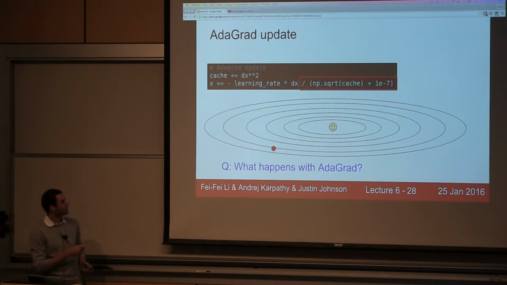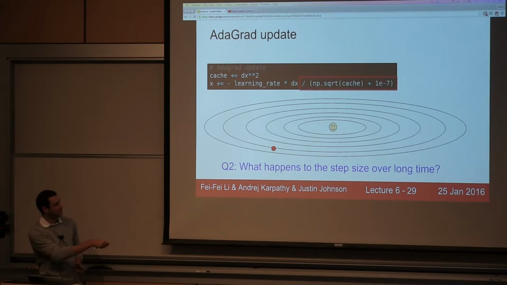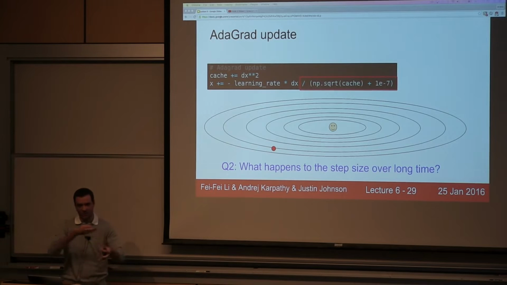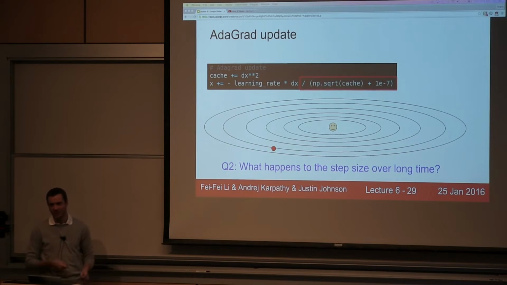So that's Adagrad. One problem with Adagrad is to think about what happens to the step size as we're updating. If we want to train an entire deep neural network, this takes a long time. What's going to happen in Adagrad? Okay, of course. Your cache ends up building up all the time. You add all these positive numbers, and it goes into your denominator.